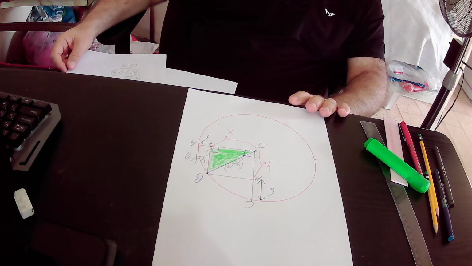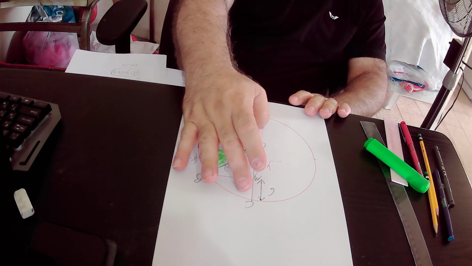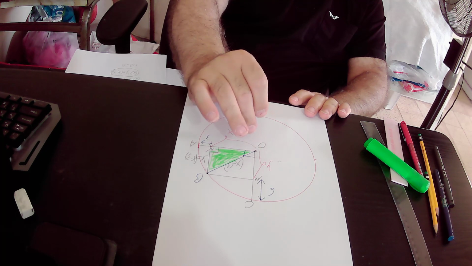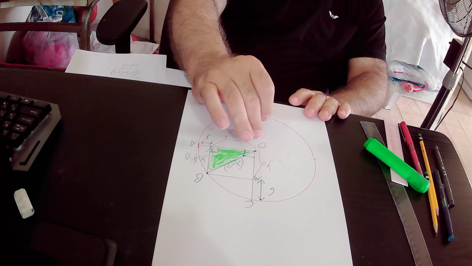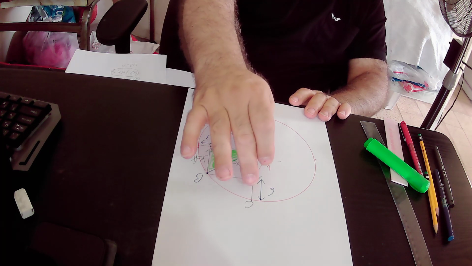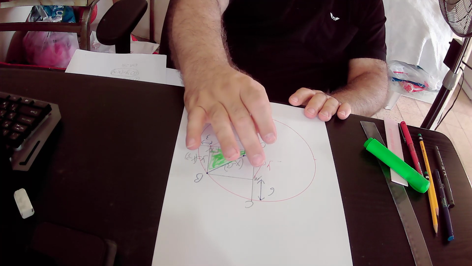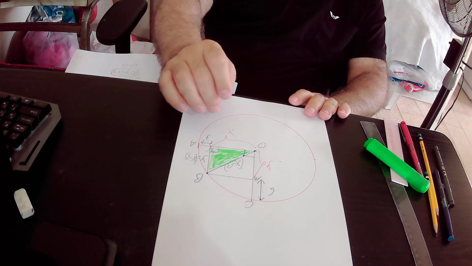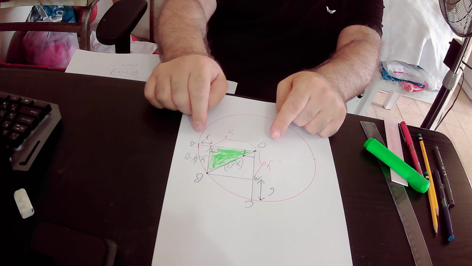So we actually know that line segment OC is the radius of this circle because it starts from point O, the center of this circle, and ends at point C, a point on the circle itself. Also line segment OA, or AO, is the radius of this circle because it starts from point O, the center, and ends at point A, a point on the circle itself.